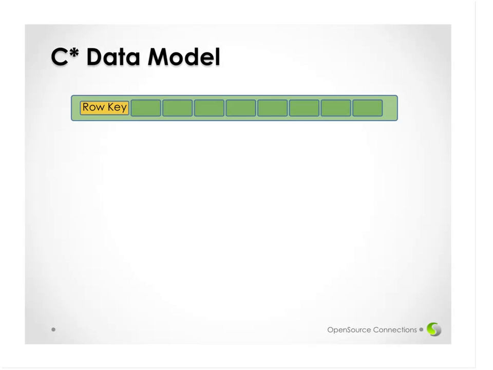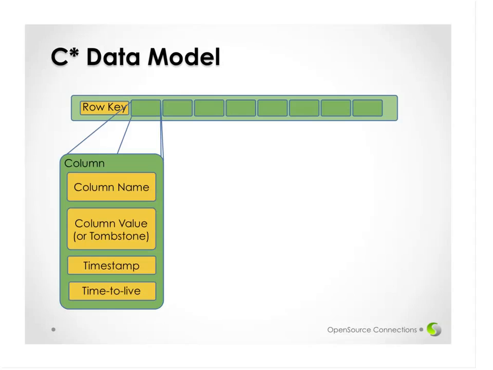Zooming in on an individual one of those rows, we see that a row is actually composed of a couple different things. Rows have row keys and several different columns. And within a column, there's even more structure. Columns have column names, columns have column values or tombstones if you just want to acknowledge that this column is dead and does not need to be returned in a query.